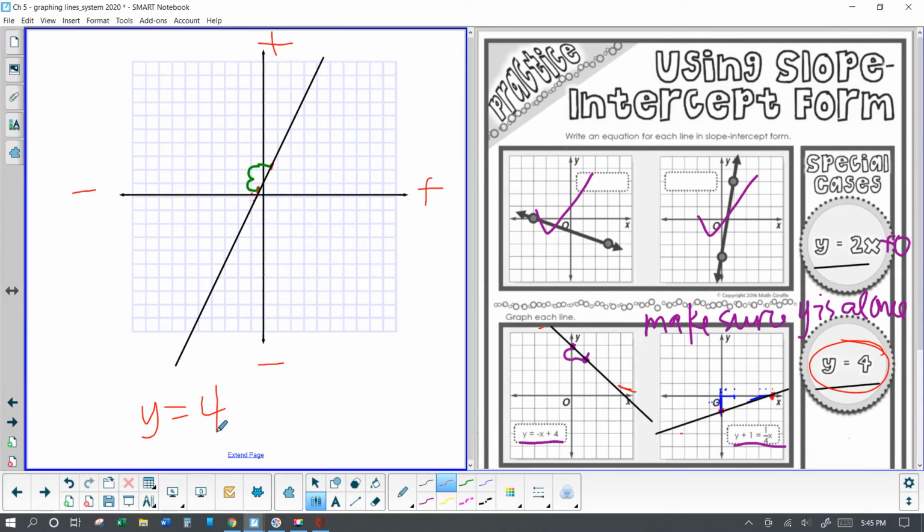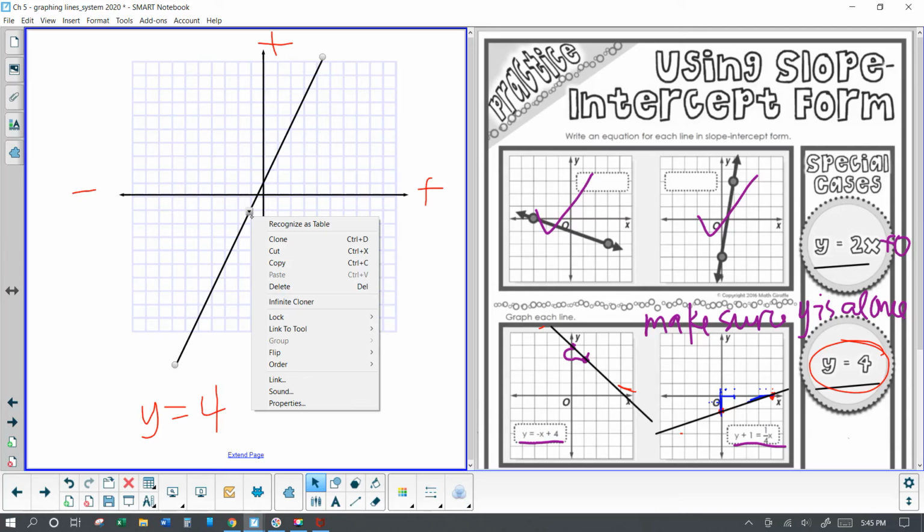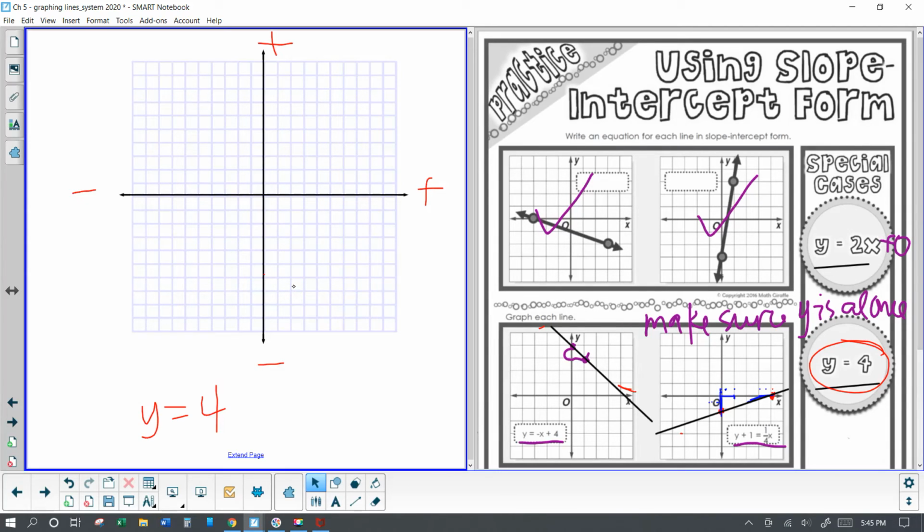If I remember that the equation of a horizontal line is y equals a number, then this becomes very easy, because all I have to do is find where, I'm going to erase this line here really quick. Delete. Okay.